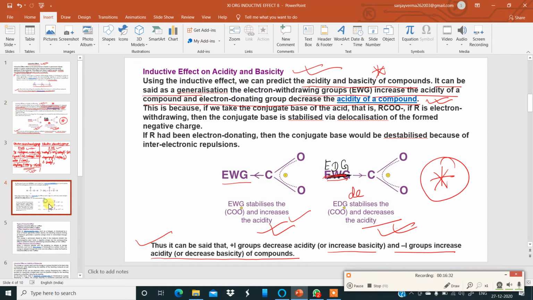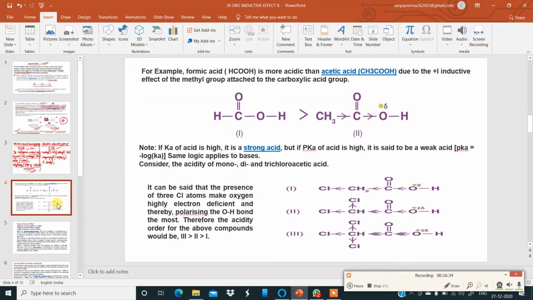Okay. Now moving further, for example, look at these two examples. This one is formic acid and this one is acetic acid. Now formic acid as such has no electron withdrawing or electron repelling group.